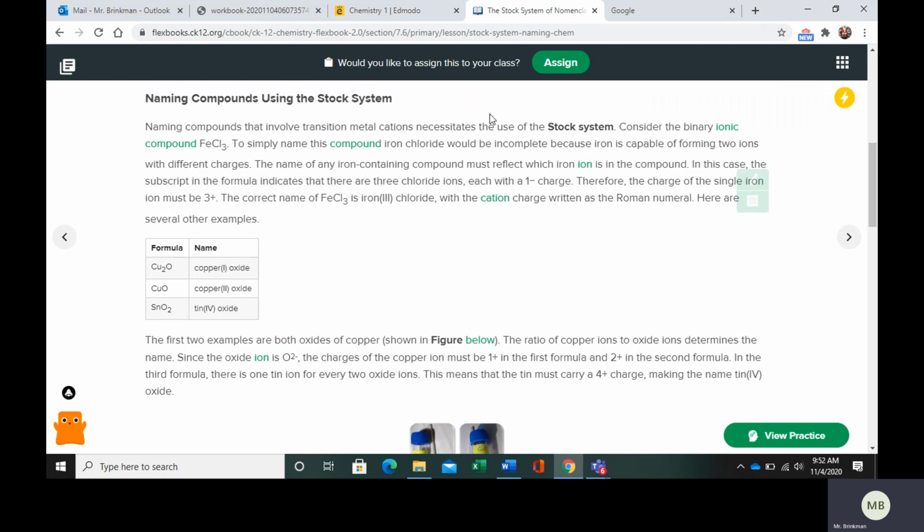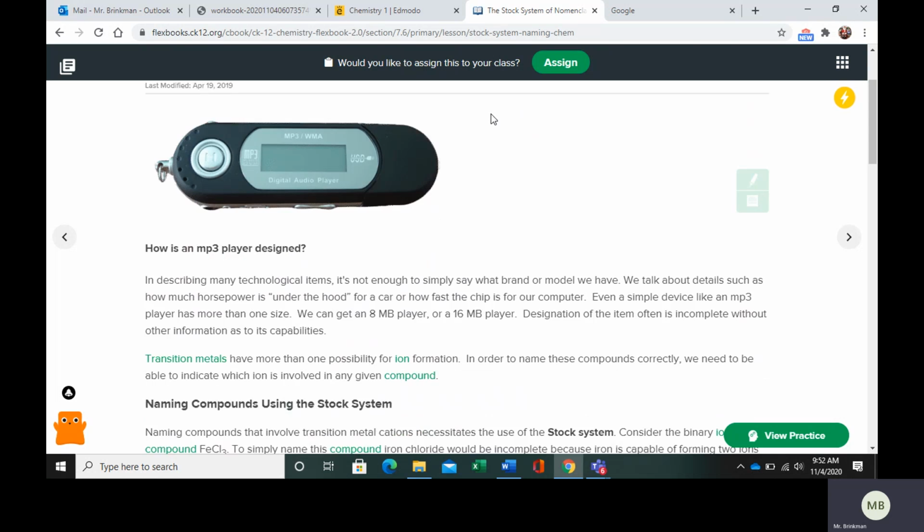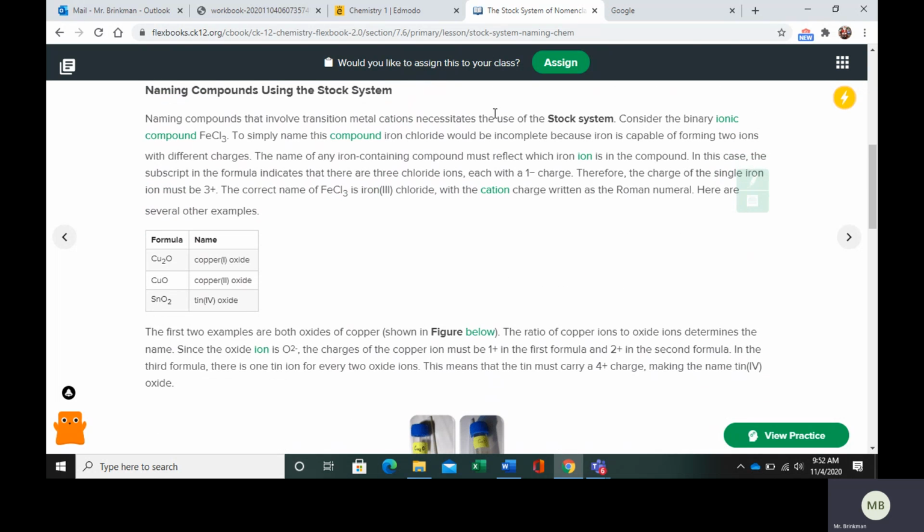So let's take a look at this naming system. Naming compounds that have transition metal cations is a little bit tricky because we know that transition metals can form different ions.